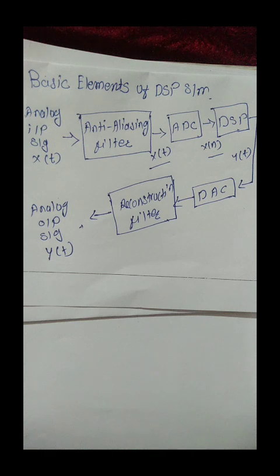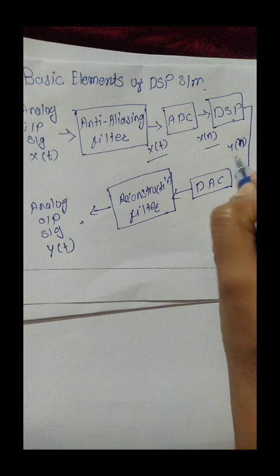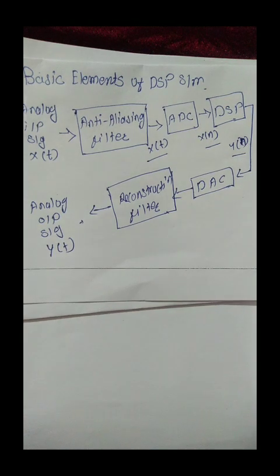It processes the discrete time input signal x of n and gives us the required discrete time output signal y of n. One could either use a computer or a dedicated DSP manufactured by companies such as Motorola.